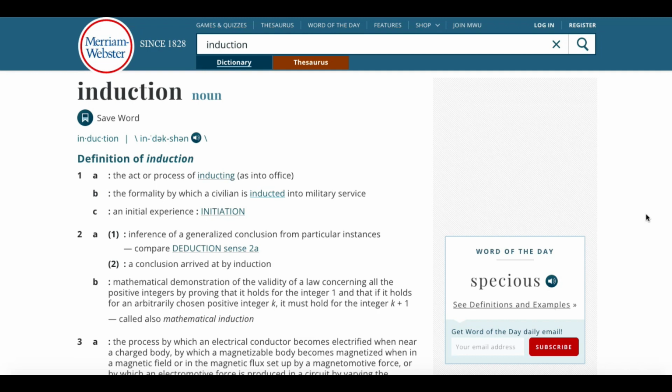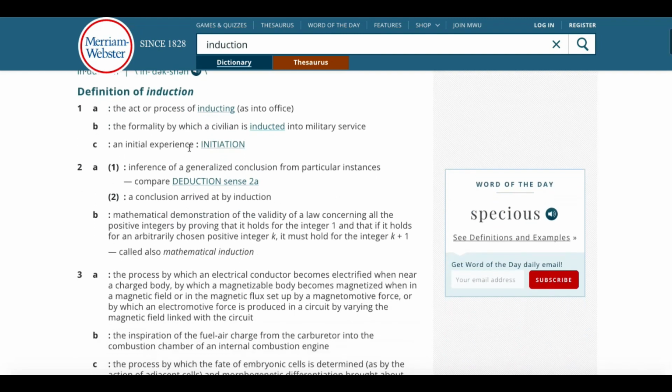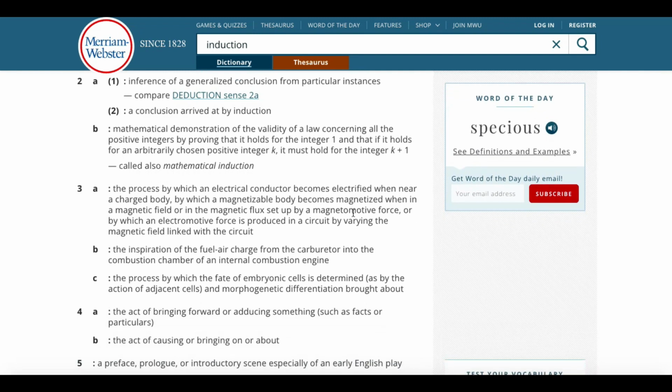Now, what does induction mean? The actual process of inducting, here we go: the formality by which a civilian is inducted into service, an initial experience, an initiation. So these are terms that are quite peculiar, guys. Check the word magic. Inference of a generalized conclusion.